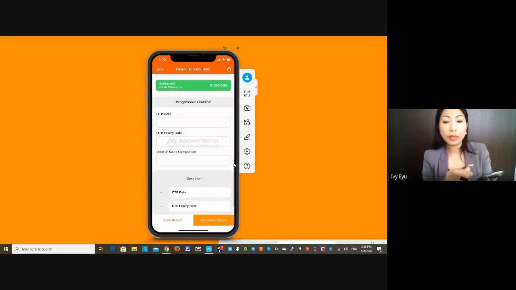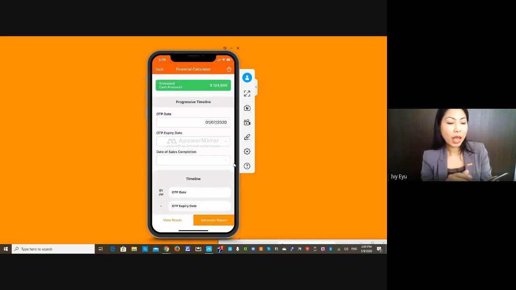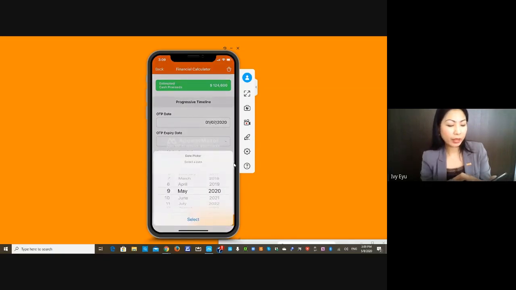After we calculate the estimated cash receipt for him, we will then look at the OTP date. Remember just now I mentioned that we will try to issue an option on the 1st of July. We will select the date, and the option expiry date is 14 days.